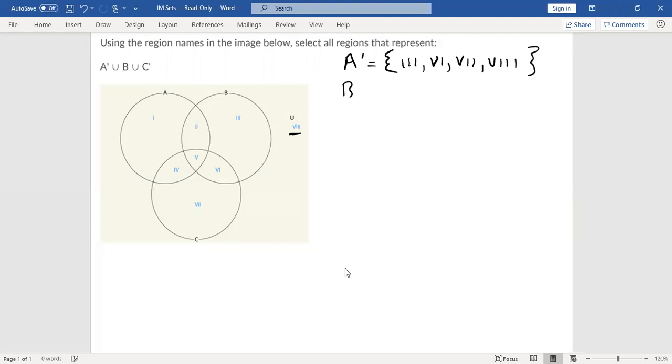So the second thing is set B. So remember, set B is anything in that circle B. So that's going to be 2, 3, 5, 6. So notice those are all the names inside that B circle. And the last one is the complement of C. So remember, complement means everything outside of set C. So that would be 1, 2, 3, and 8.